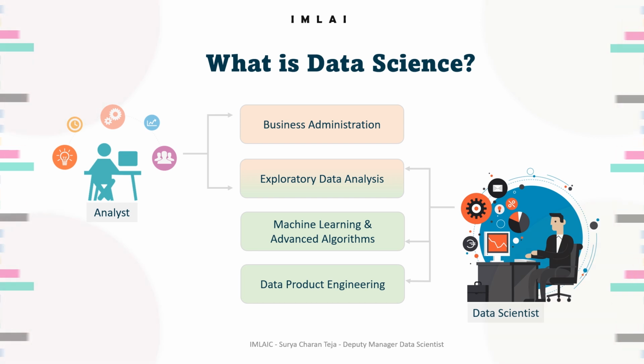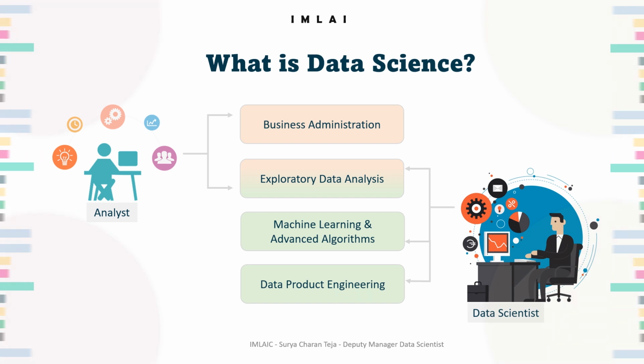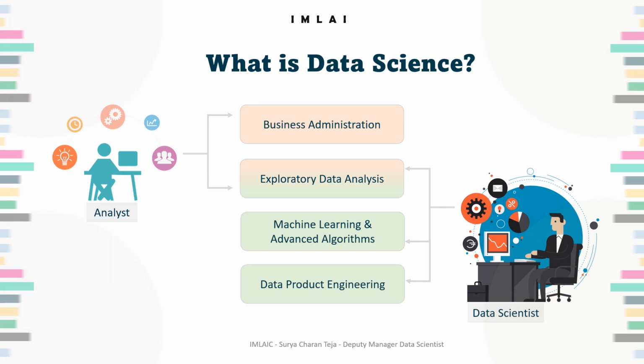On the other hand, a data scientist not only does the exploratory analysis to discover insights from it, but also uses various advanced machine learning algorithms to identify the occurrence of a particular event in the future. So a data scientist will look at the data from many angles, and sometimes angles not known earlier.